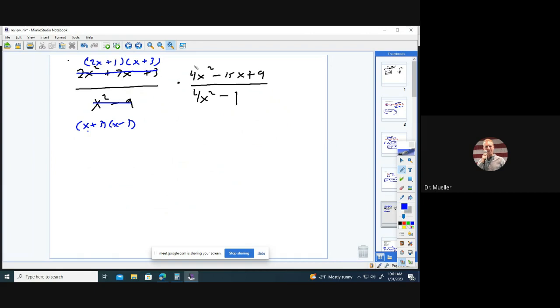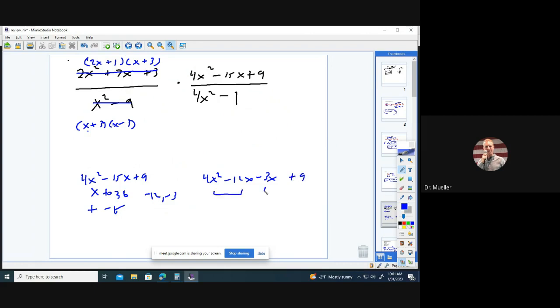This one up here, let's factor this one out. I'm going to do that on the bottom here. So we want to find two numbers that multiply to 4 times 9, which is 36, and add to negative 15. That would be negative 12 and negative 3. So that gives us 4x squared minus 12x minus 3x plus 9.